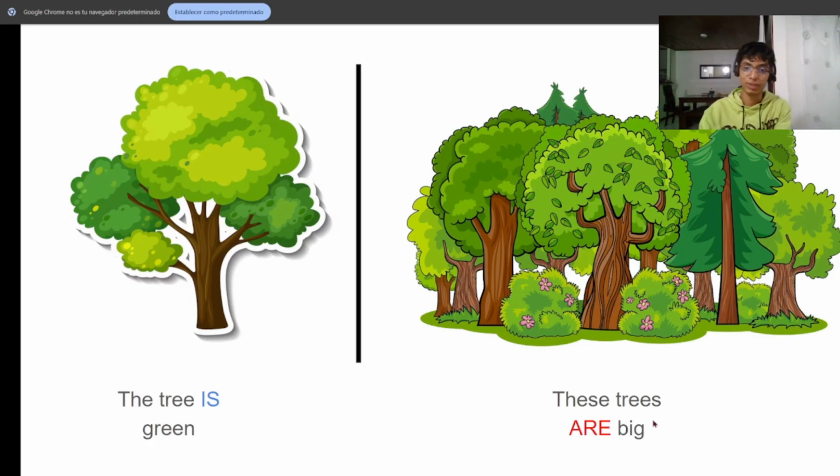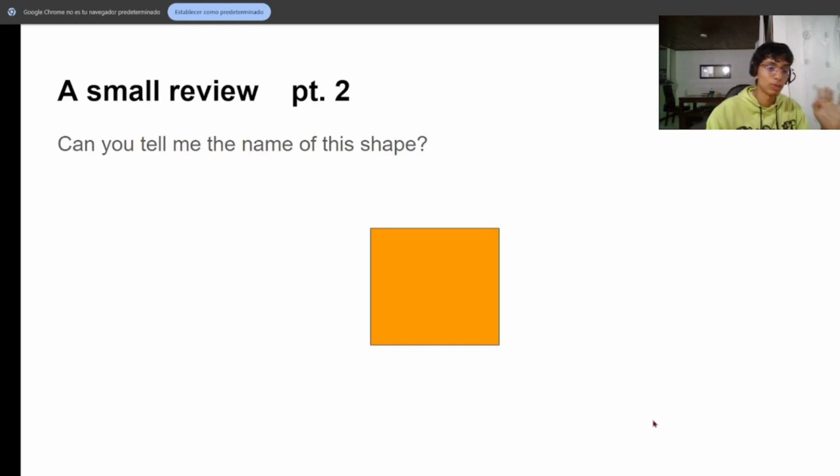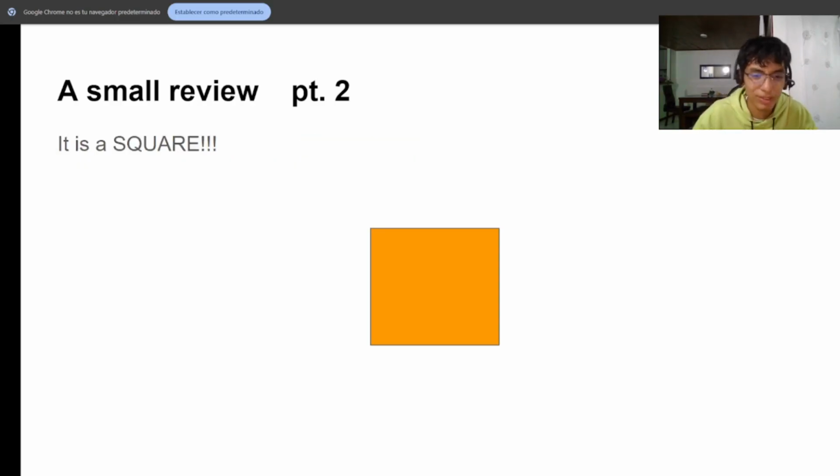Okay, guys, perfect. So for the second part of this review, I'm going to be asking you if you know the names of the shapes. Do you know what the name of this shape is? It's a square. Okay, yes, that's perfect.